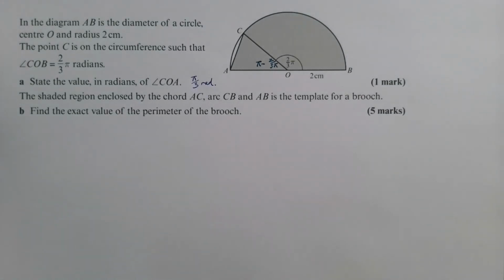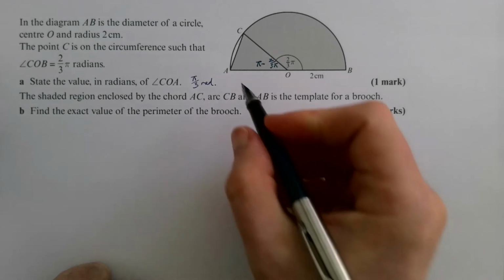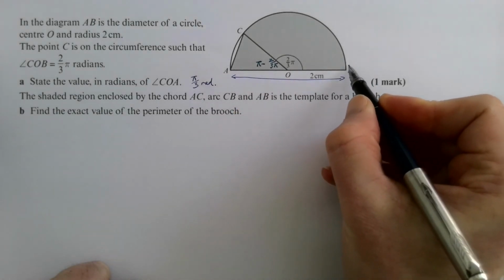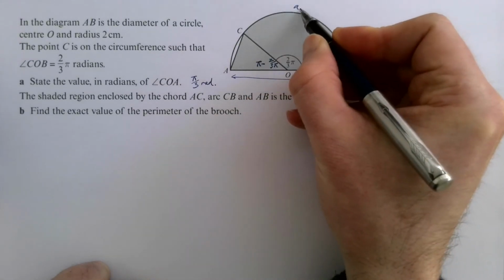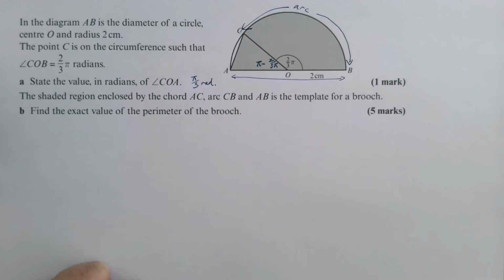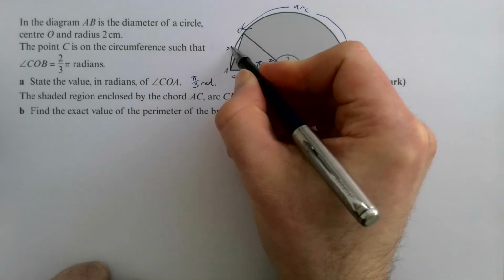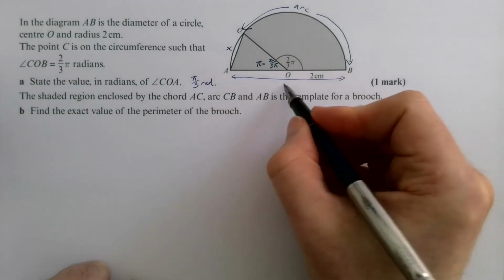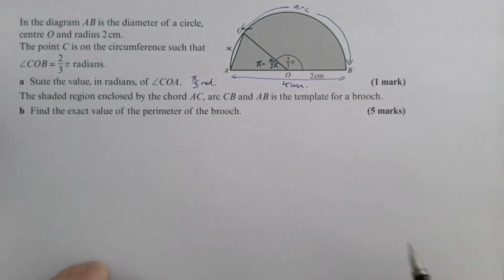Now, finding the exact perimeter of the brooch, there's going to be a little bit more to do here. So we know that we've got the diameter, and then we've got the arc, and then we've got what I'm going to call x there. So let's just work it all out one bit at a time. The diameter is going to be 4 centimeters.